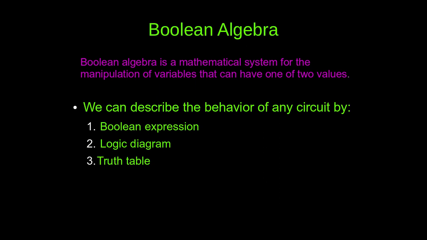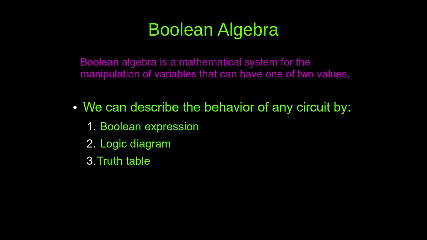So let's see, we can describe the behavior of any circuit or logic gate or digital device in 3 ways. A Boolean expression, an equation saying what? A and B or C. Those are all Boolean expressions.